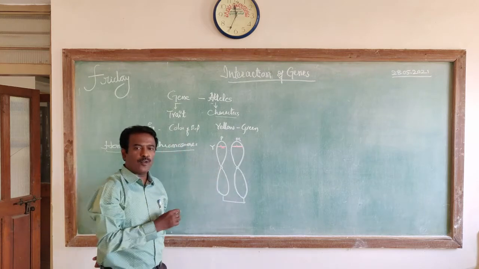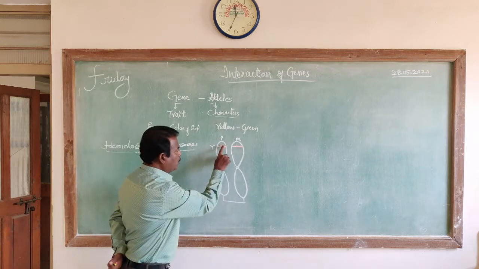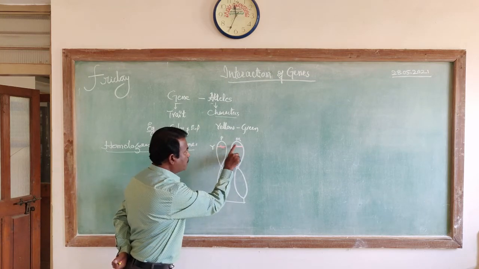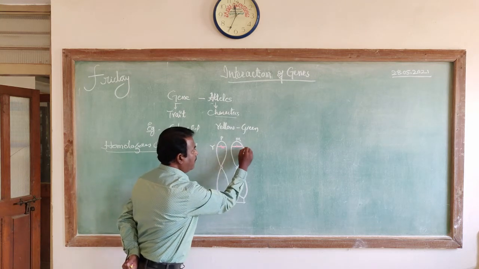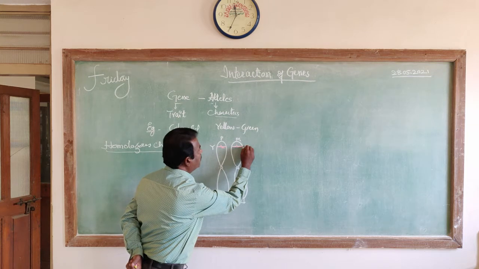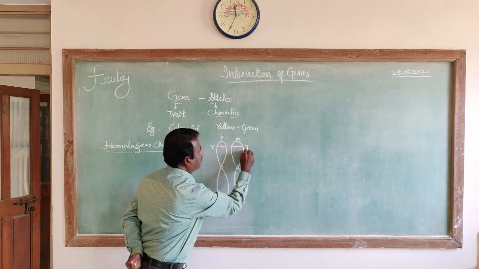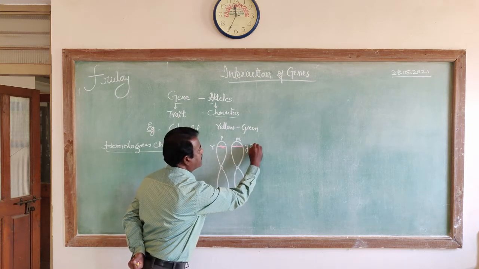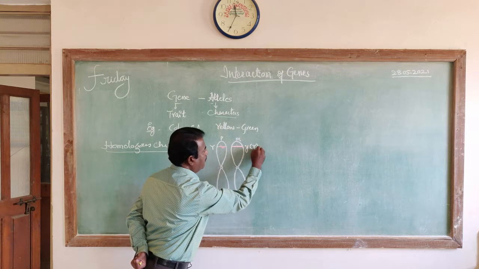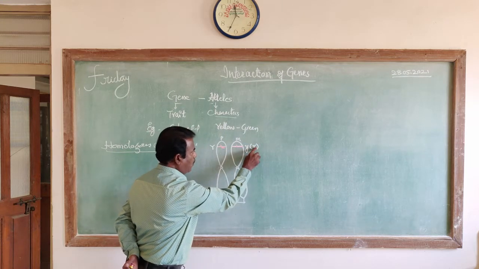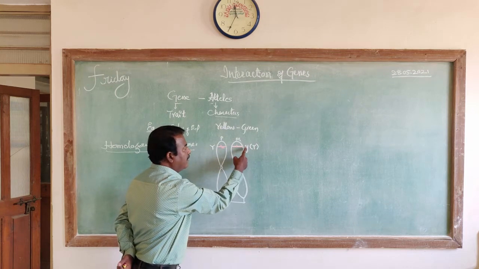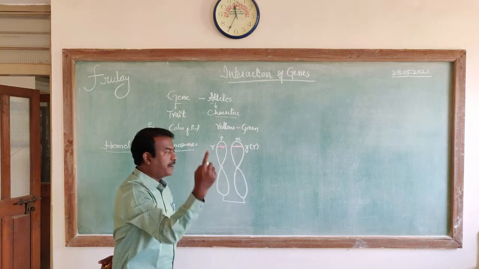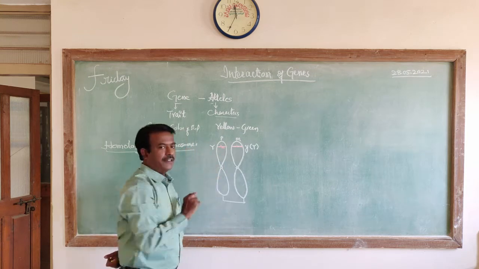Then on the maternal chromosome, you need to have a corresponding allele for color of the seed. It may be either yellow or green. It depends. I write capital Y, which is for yellow. It may be present on the maternal chromosome, or else the allele for green color could be present.